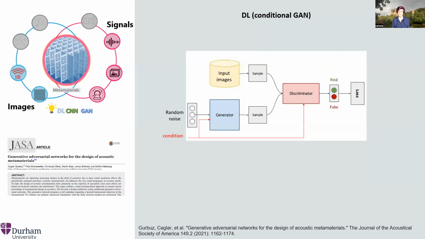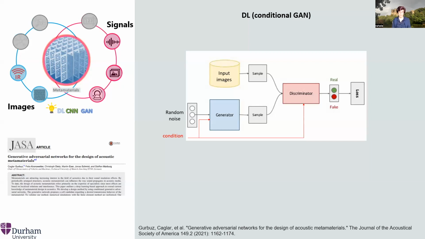This is when a conditional GAN comes through. So I have a specific condition, and I give it with random noise to my generator, and also provide it to my discriminator. In this way, it somehow ensures that I produce a kind of sample that has the specific condition that I was looking for. So let's see what happened in this paper.